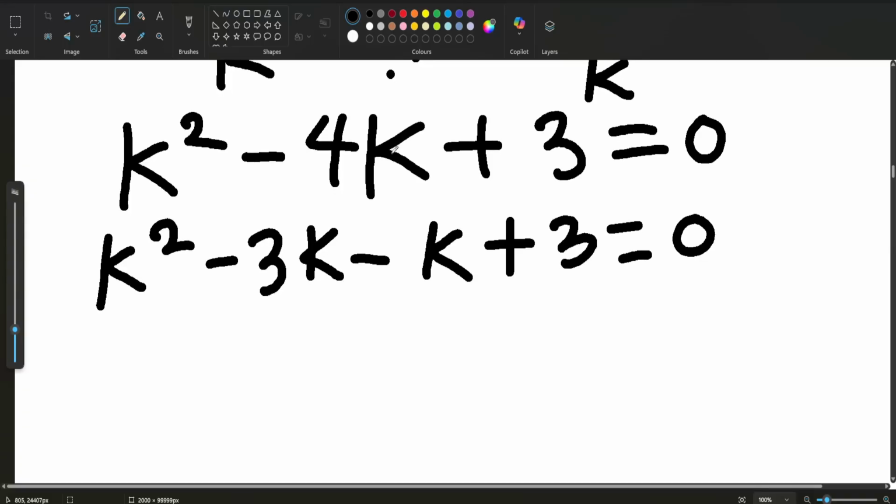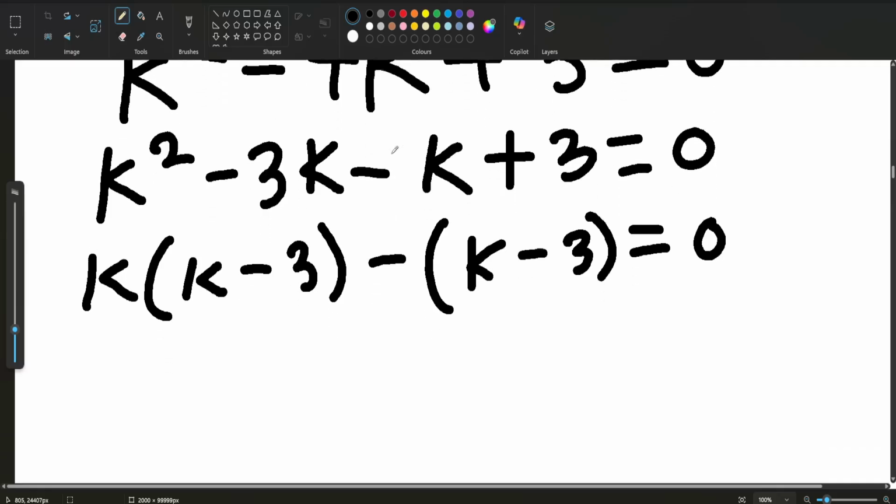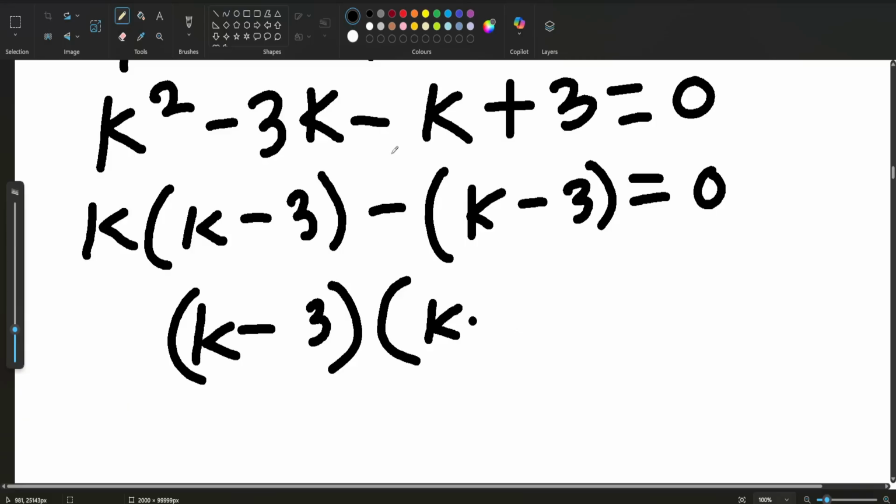At this point, k is common here, bring it out. Then we have k minus 3 here, bring the minus that is common here out. We have k minus 3 again, so that will make everything equal to 0. So k minus 3 is common, and what is left is k minus 1.